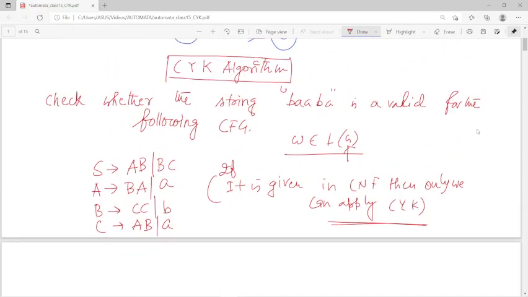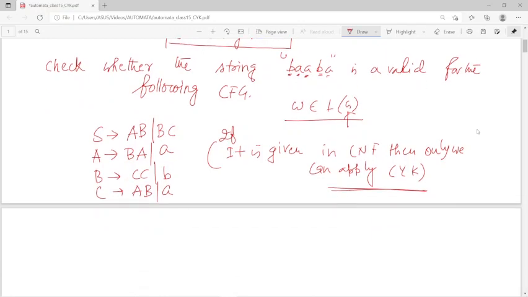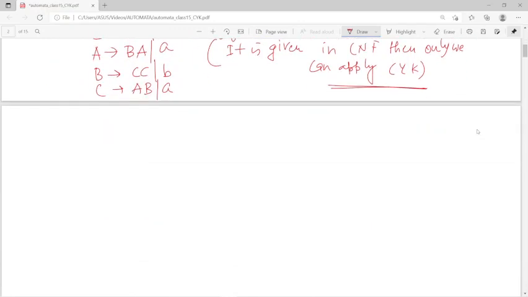This is a 5-length string, right? ভালো করে দেখবে আমরা কি করছি, CYK algorithm is written like that.